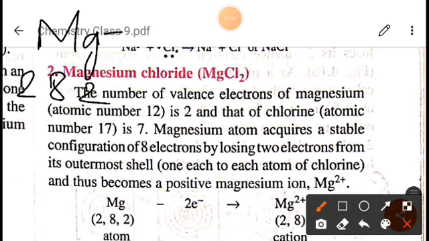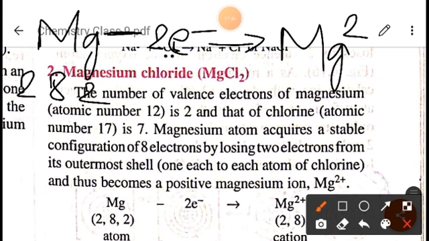So it will donate 2 electrons and convert into magnesium 2 plus, Mg 2 plus. It is 2 plus because it is giving 2 electrons.